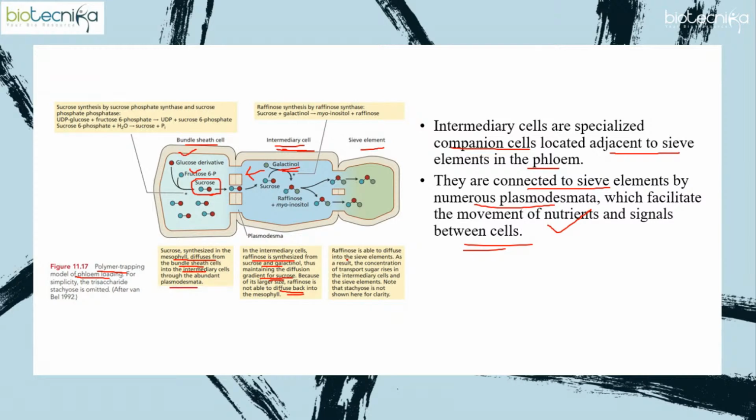So they will be moving ahead to the sieve elements. Apart from raffinose, we also have stachyose that can move along in these different types of cells. But for convenience, we have just shown only raffinose here. Okay. So like that, the sugar will be transported from here.